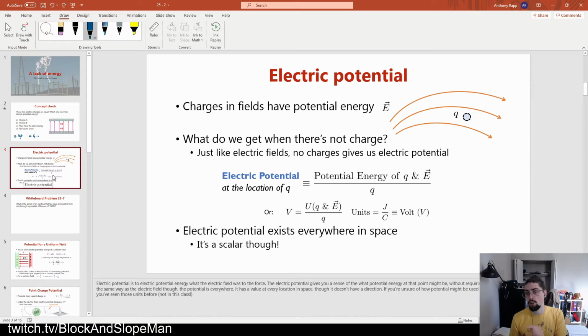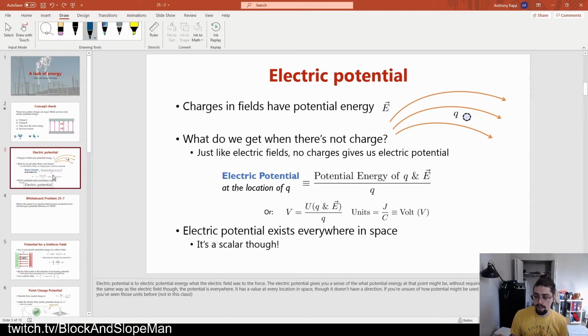There's still a potential there, even if there's not a potential energy anymore. And so we can define it just like that. We can say the potential is the potential energy of a certain charge divided by that quantity of the charge. And the units for that are essentially energy divided by coulombs, right? So joules per coulomb, or our unit, the volt.